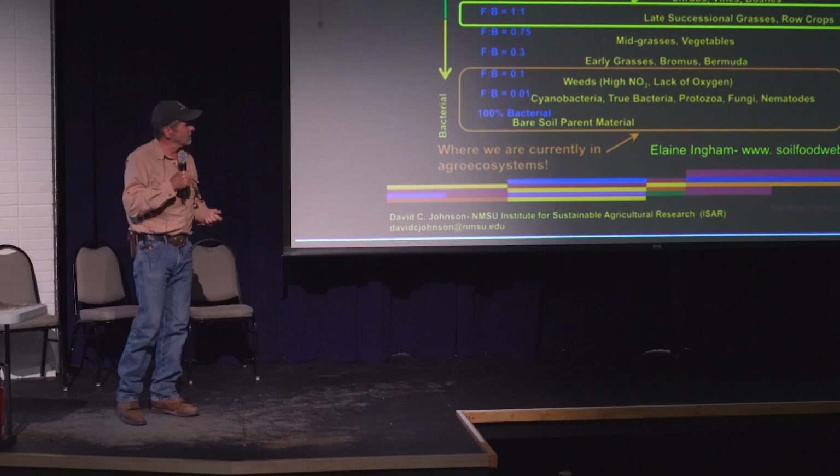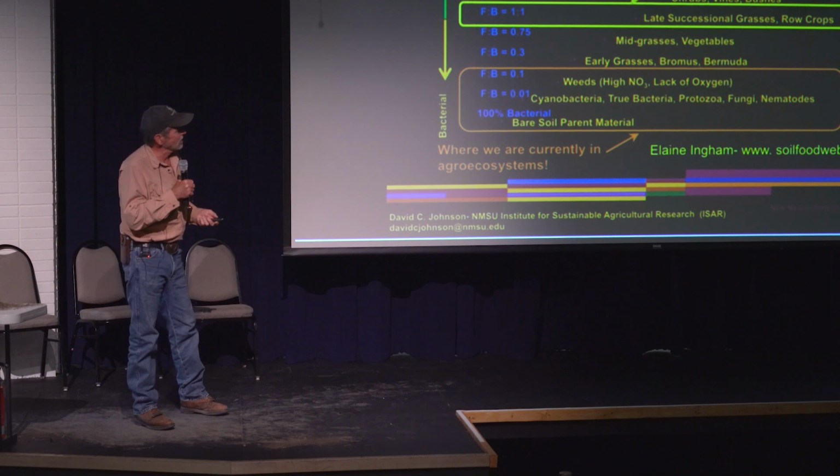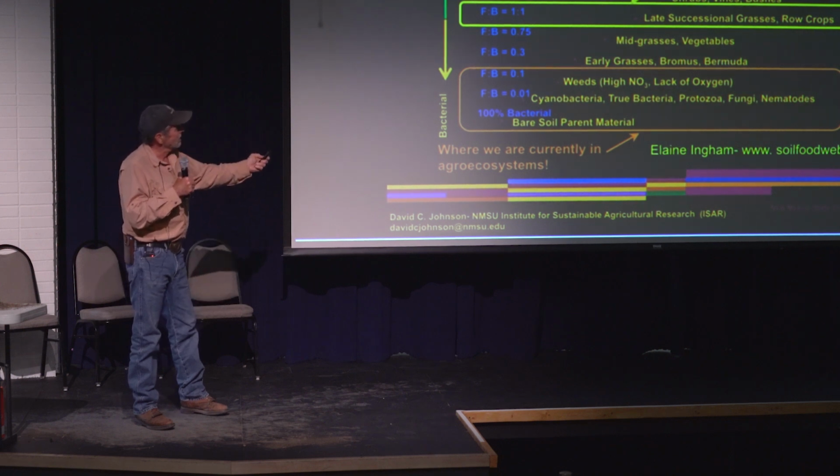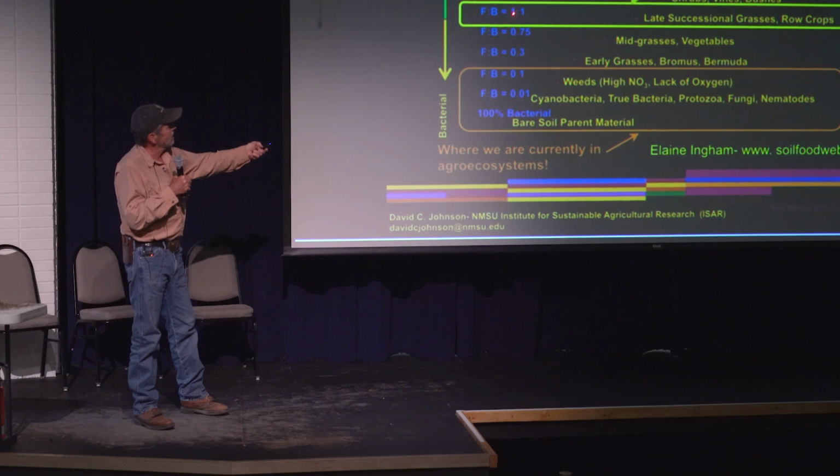There's not a lot of replicated science out on that, but there's a lot of anecdotal stuff, and I'm pretty convinced, because if we can go from here to here in one season, I mean, that's huge. That's huge for fixing problems that we've created and problems that come from catastrophes.